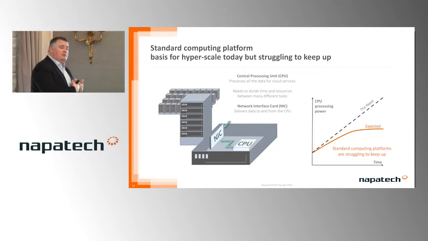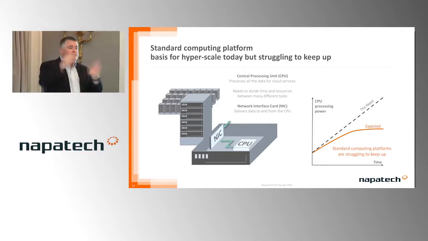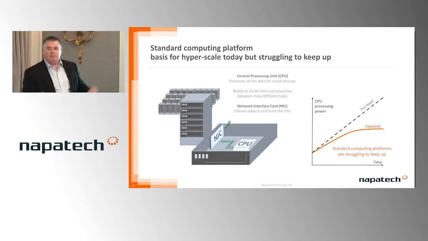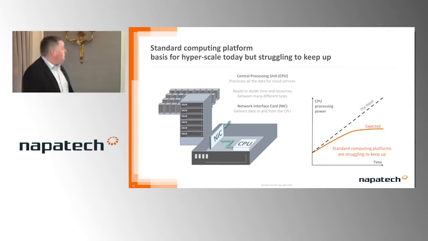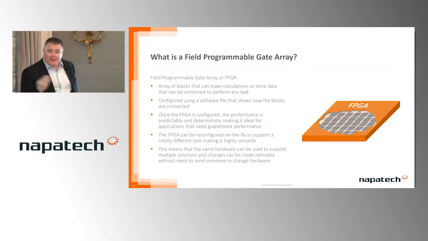So combining the two of them together allows you to have a much more efficient system where you can balance who does what. You can get the CPU doing what it does best and the FPGA doing what it does best, and the overall system improves its performance. So this is what we're going to be talking about a lot today, and this is what we call a reconfigurable computing platform.